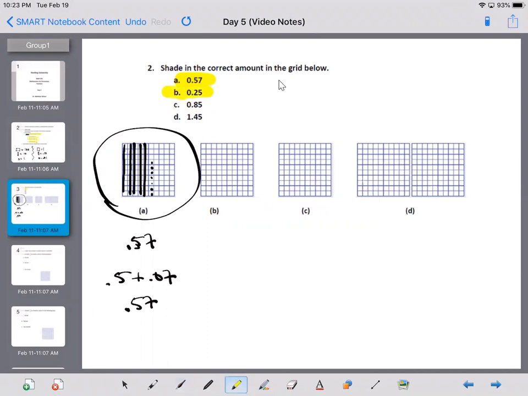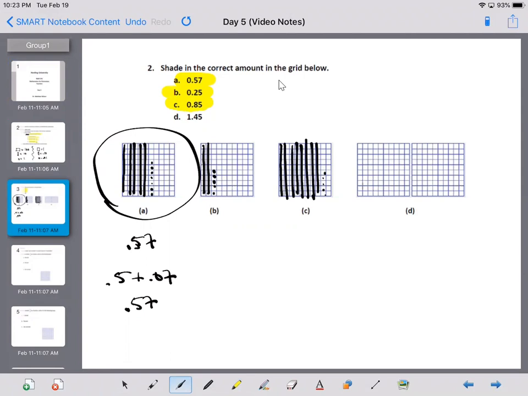Second one, 25 hundredths. We're going to highlight 2 longs and 5 hundredths. With the 85 hundredths, we're going to represent 8 longs, and then the 5 units to represent hundredths.